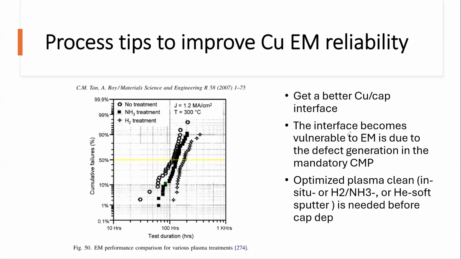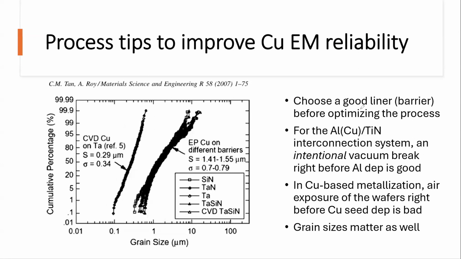You want to put a cap layer, like silicon carbide, SiCN, and before you do that layer, you have to make sure your copper is super clean. So you could do an in situ clean, H2 ammonia clean, or helium sputter clean, to remove the native oxide of copper. So that's important before you cap it. So that's critical. Right? And then, of course, the liner is important too. The copper needs a good liner and barrier.